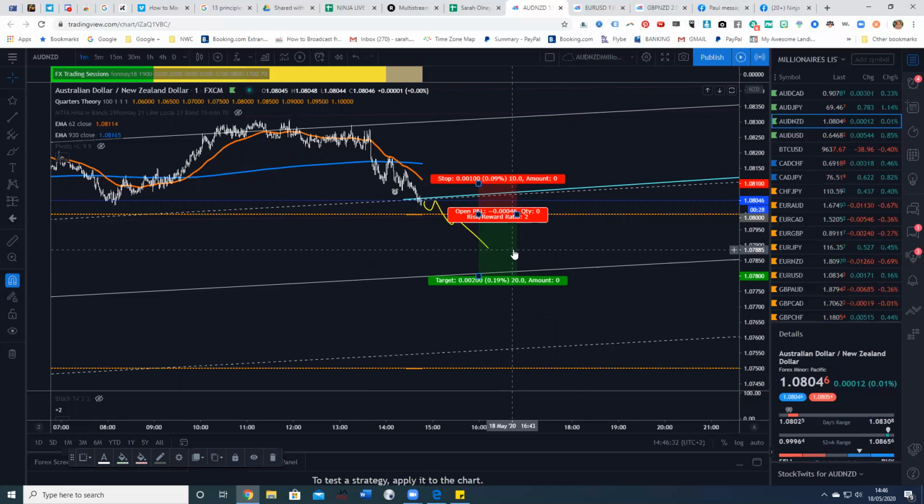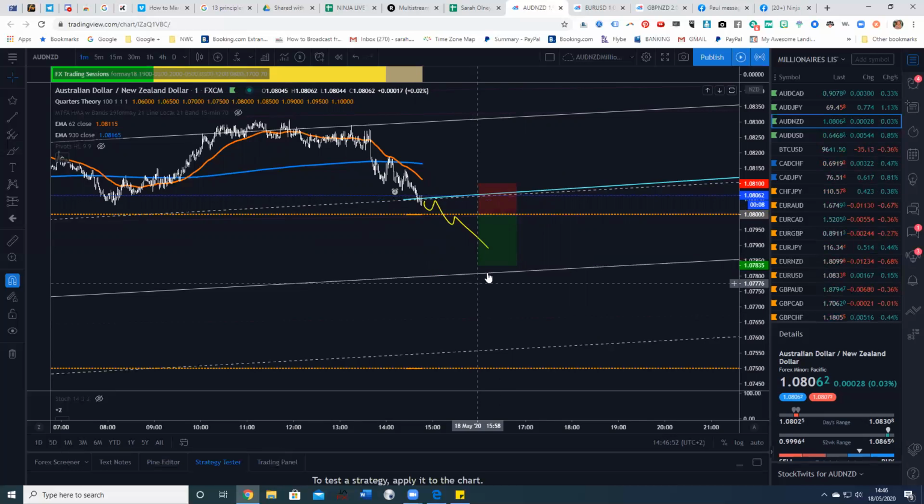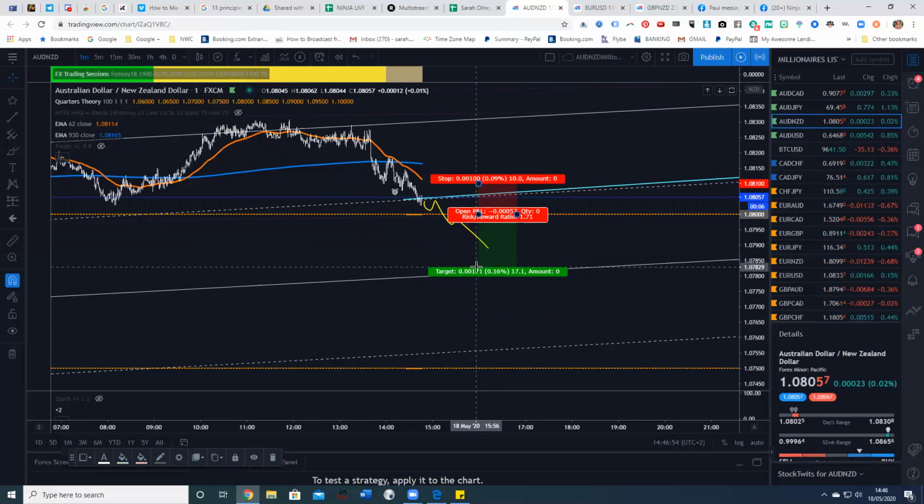And take profit down at 1.07800 for the sake of rounding the figures, but really it's probably going to be, you know, if it doesn't break all the way through, you've got 15, 16 pips, something like that. Just as it decides what it's going to do round about that point.